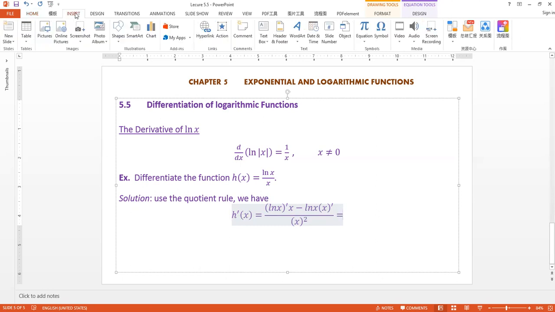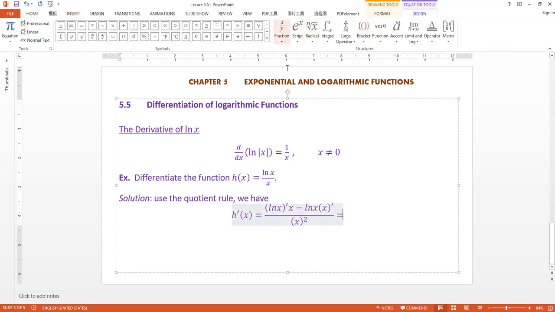Then we just apply the rules for logarithms, and the derivative of ln x is just 1 over x. As I just said, we can use the rule; that's just one branch or one part of this formula.